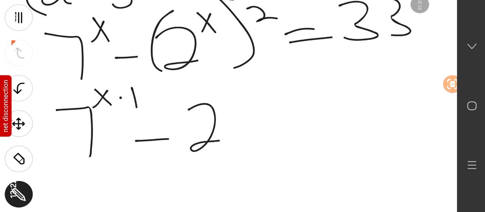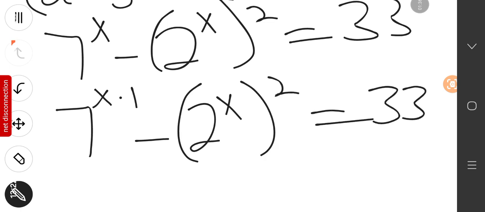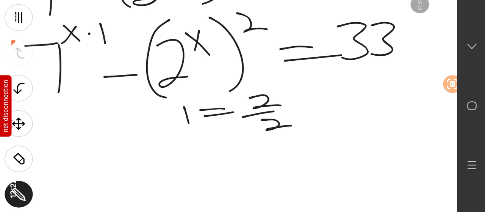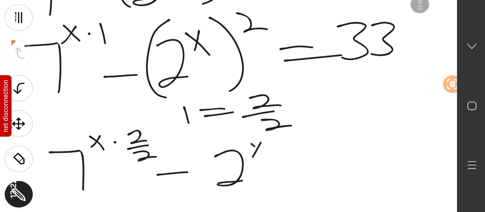Next, anything over itself is 1, so we can write 1 as 2 over 2, since 2 over 2 gives us 1. So our equation becomes 7 exponent x times 2 over 2, minus 2 exponent x, all squared, equals 33.